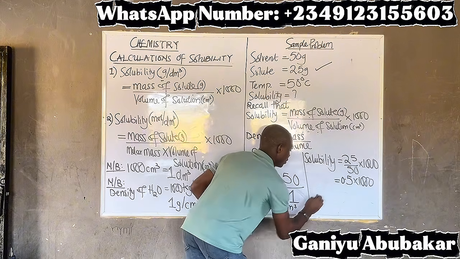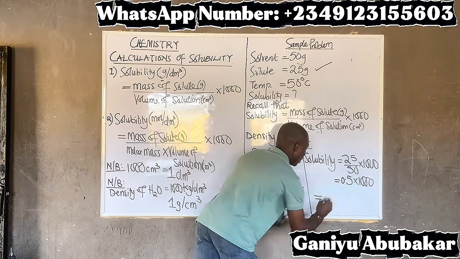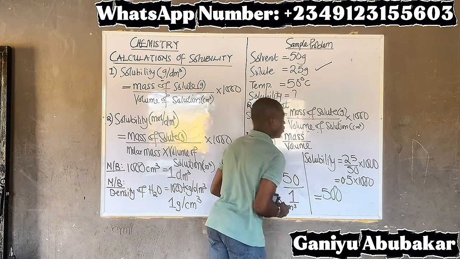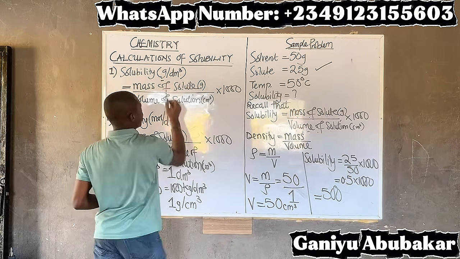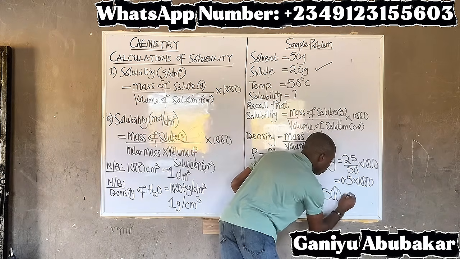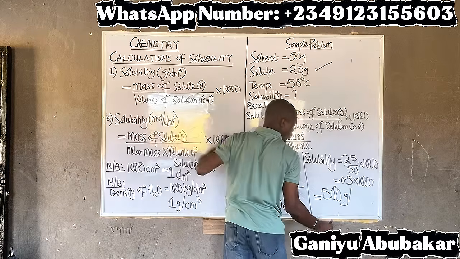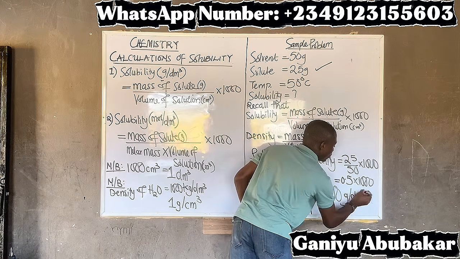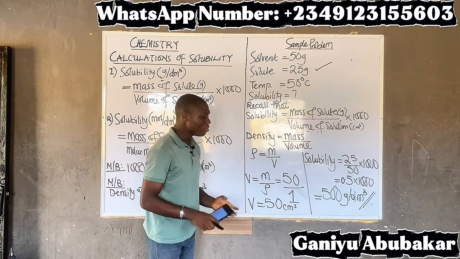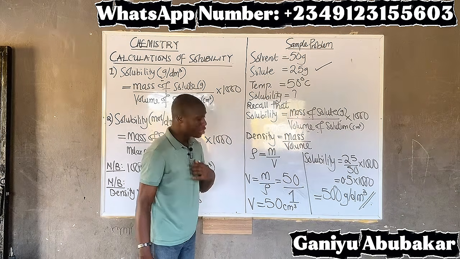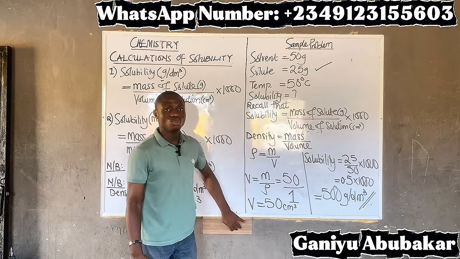It means the solubility will be equal to 500. What unit? I'm using this formula, so my answer should be in gram per dm cube. All right, this is how you solve this particular question in the study of solubility.